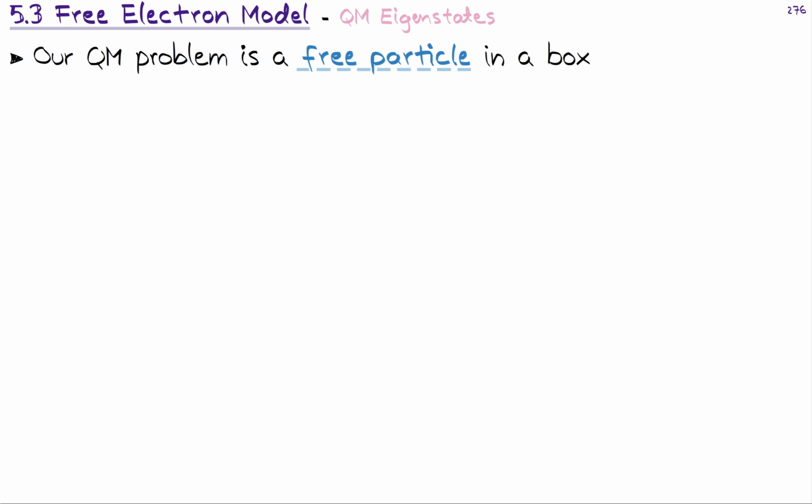And in this treatment, our quantum mechanical problem is a free single electron in a box, so that we are treating essentially a potential U equals 0, and that will be our free particle based implication. So it's a free particle, it doesn't feel any potential, so it can freely move.